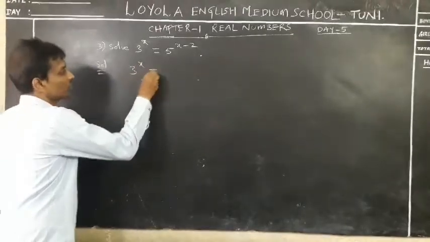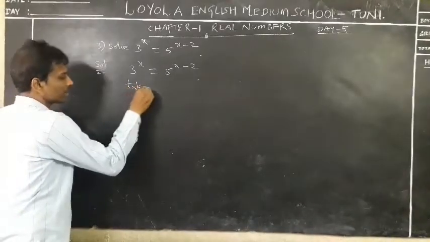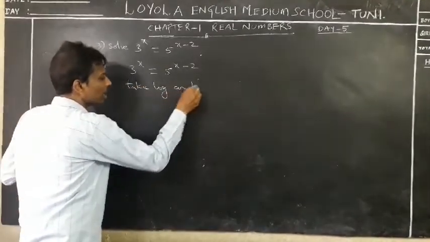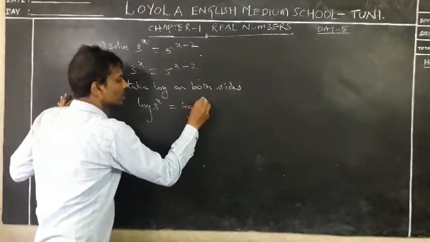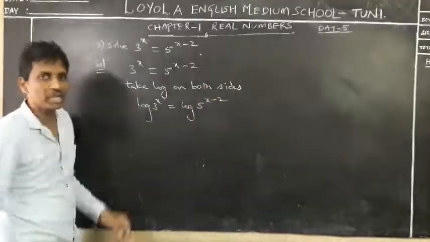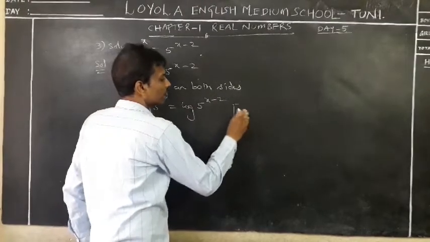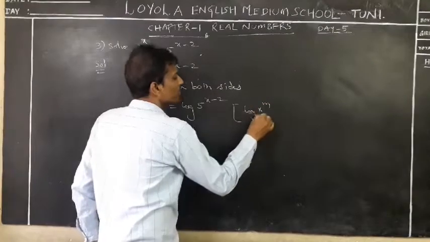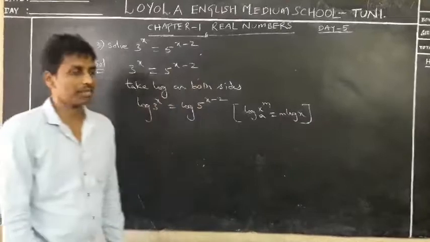3 power x is equal to 5 power x minus 2. Take log on both sides. Log 3 power x is equal to log 5 power x minus 2. Here we know the formula: log x power m to the base a equals m log x.